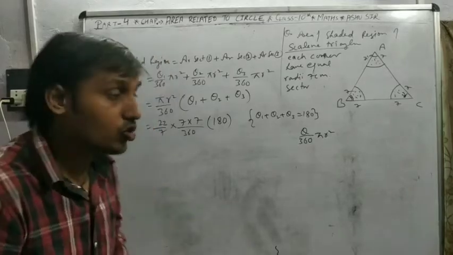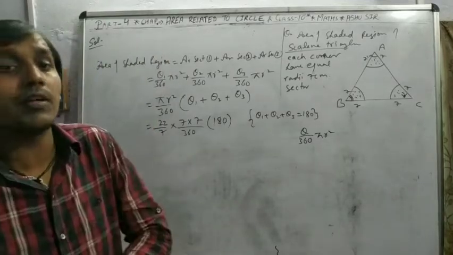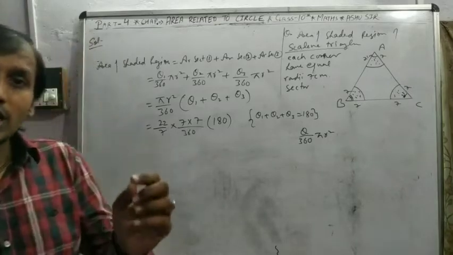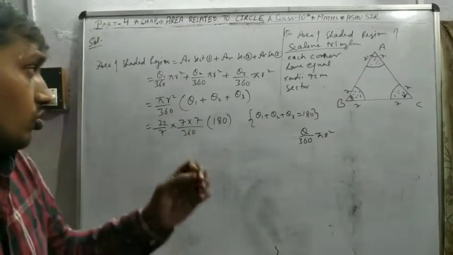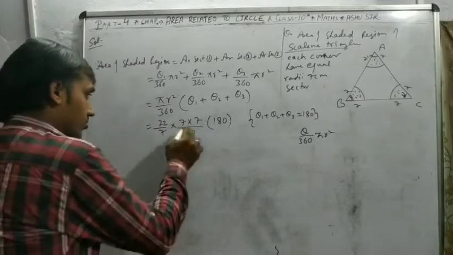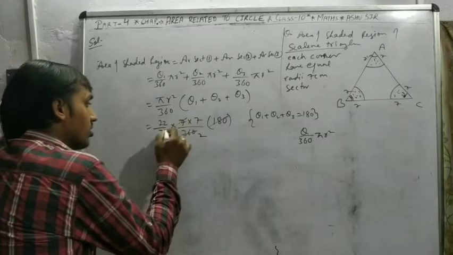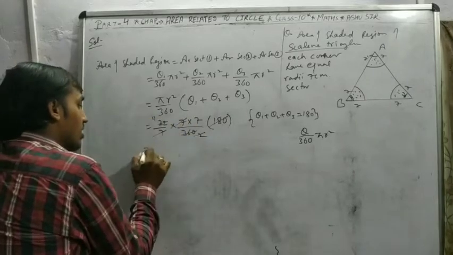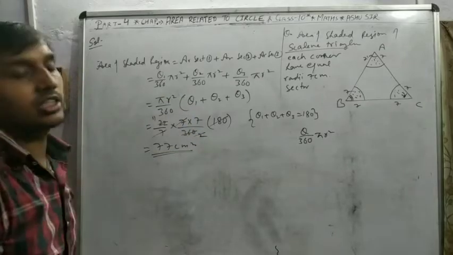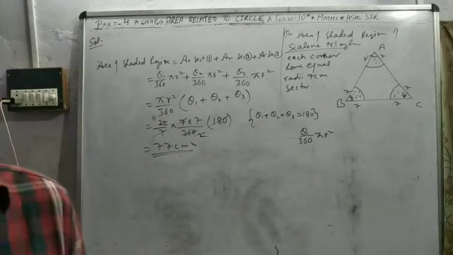We only tried to solve the step marking for 1 or 2 marks, but when we try, we can solve it. Okay, don't give up, try. That is 11 times 7, which is 77 square centimeters, the area of the shaded region in this figure. Okay, pause the video and note down.